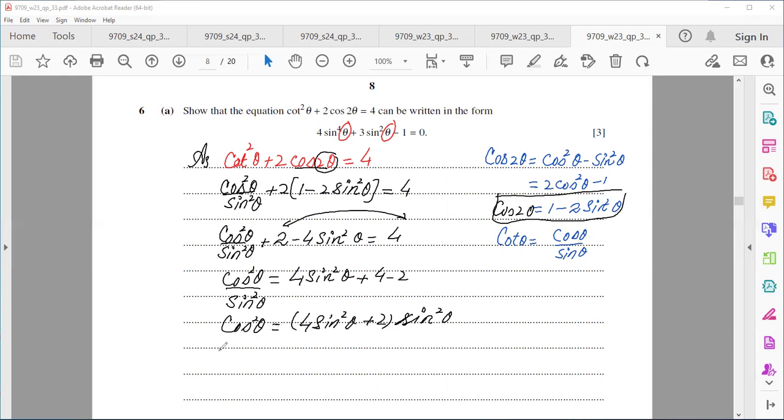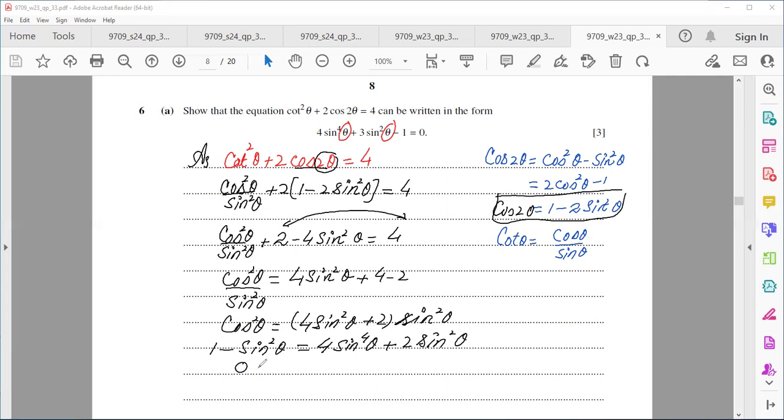So I will change it according to the identity formulas. So we have 1 minus sine square of theta, and expand this one. When 4 sine square is multiplied with sine square, it becomes 4 sine to the power 4 of theta. And 4 plus 2 multiplied, I have 2 times sine square of theta. Shift all terms on one side of the equation, what will you get?